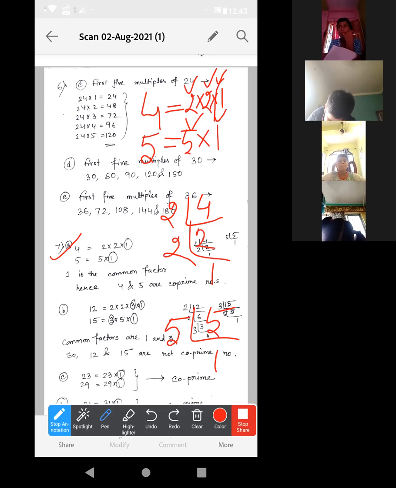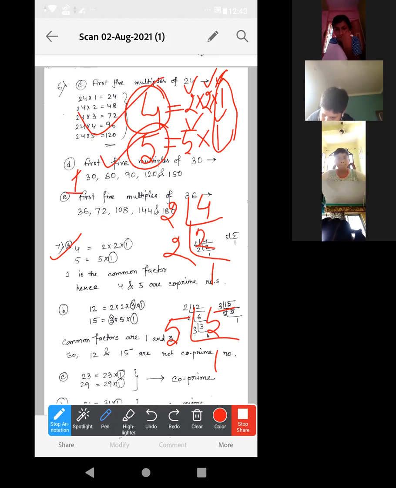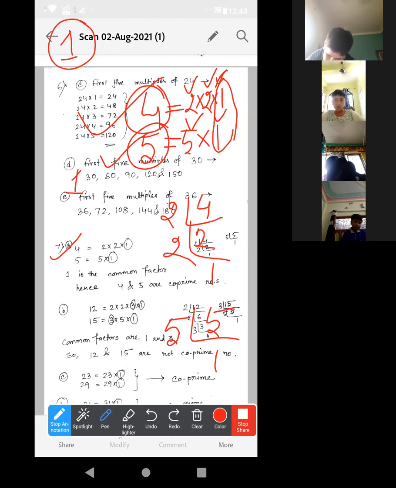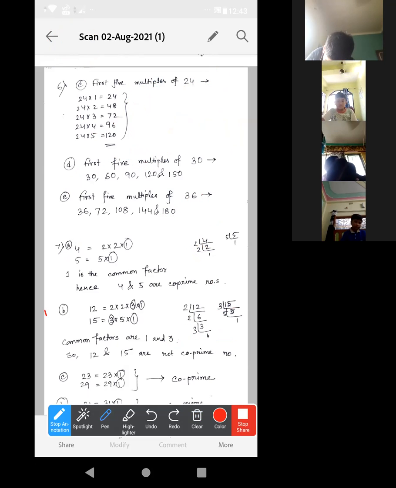Only 1 is common in both of them. So 1 is the only common factor of 4 and 5. That means these two numbers are co-prime. If only 1 is the common factor, then it is co-prime. Understood? Now, let me explain number B.